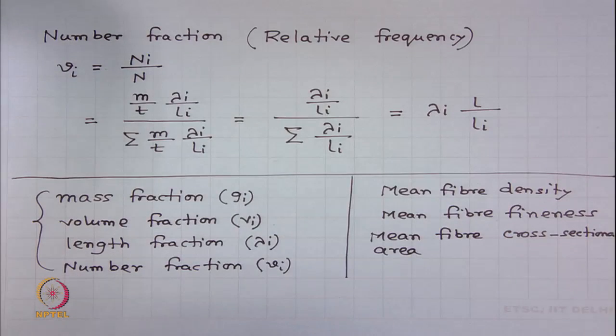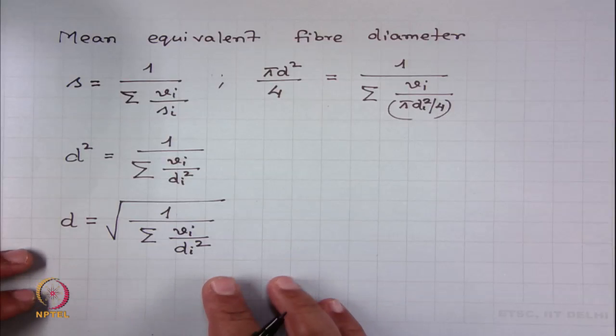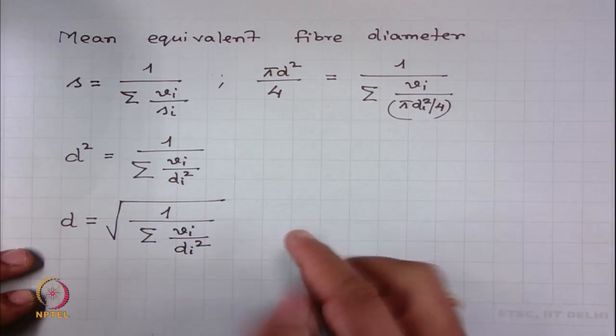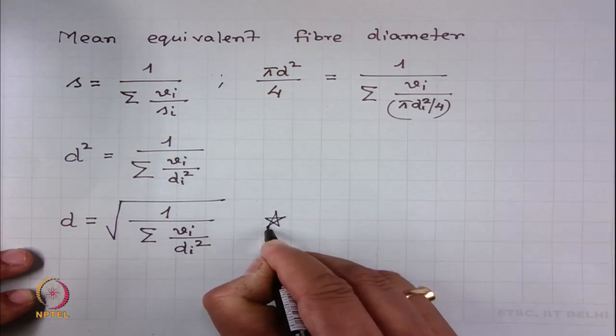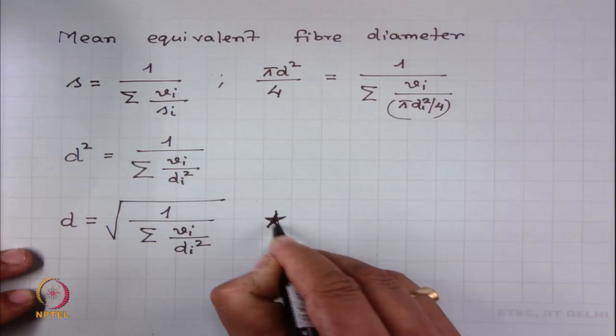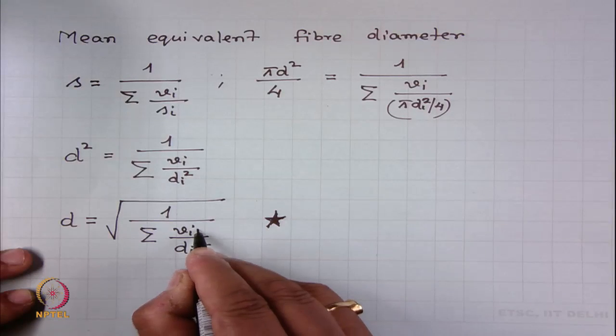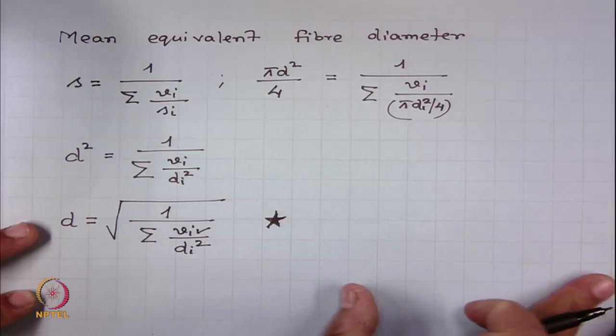Afterwards, we obtained another characteristic of fiber blend, mean equivalent fiber diameter. So, this was the expression for mean equivalent fiber diameter. Here also it is the volume fraction.